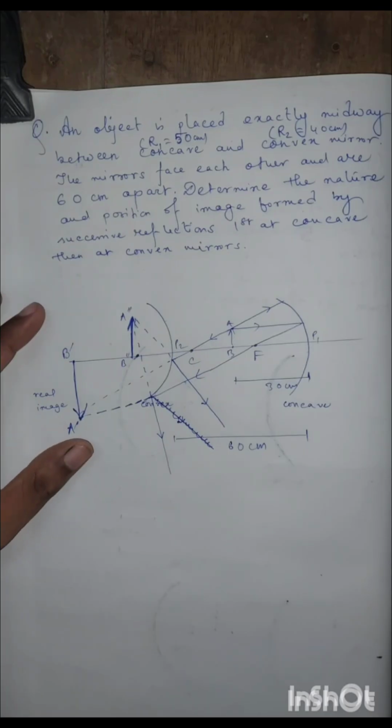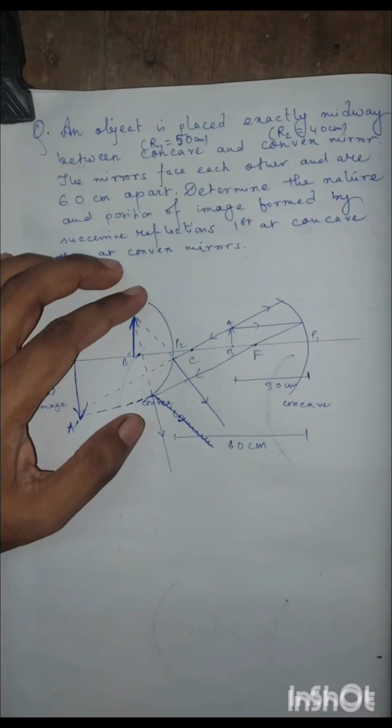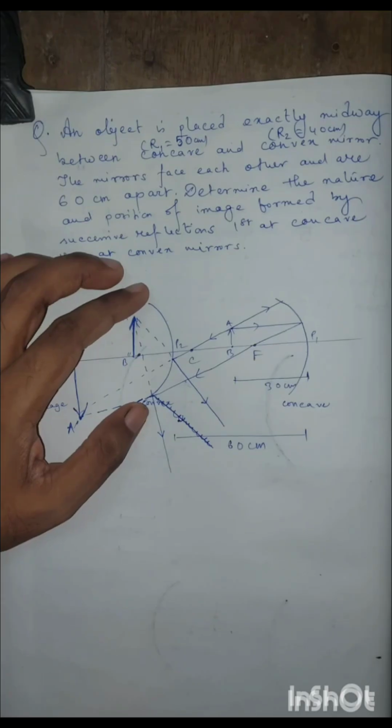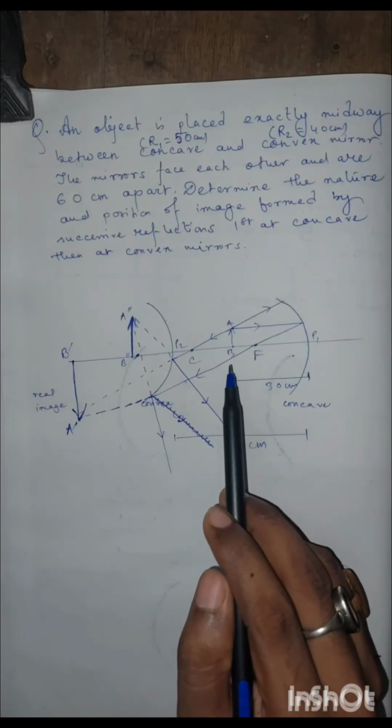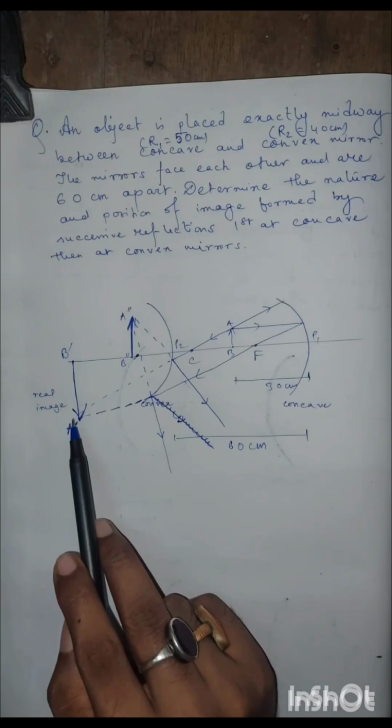And now, if we place a convex mirror, so when we put an object in front of a concave mirror, we get a real image of that object.